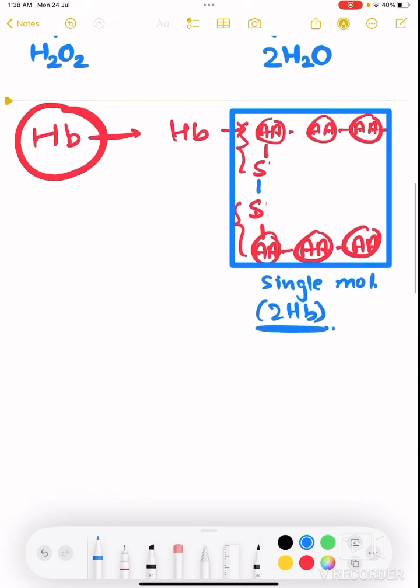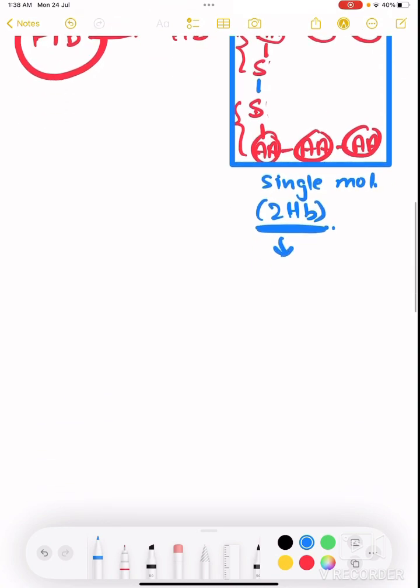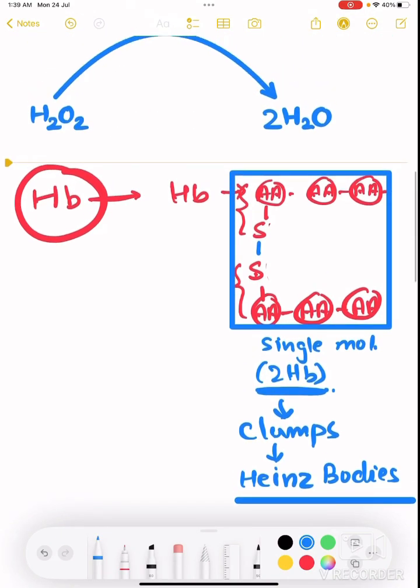And when two hemoglobin molecules are combined, what happens? It clumps, and these clumps can be seen in the peripheral blood smear as Heinz bodies. Okay, so this is the basic thing I wanted you to know.